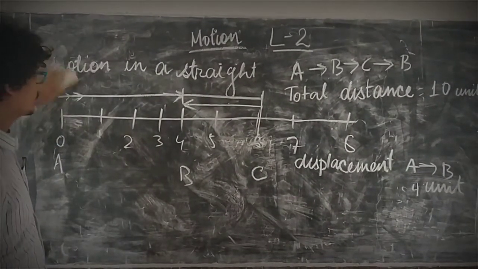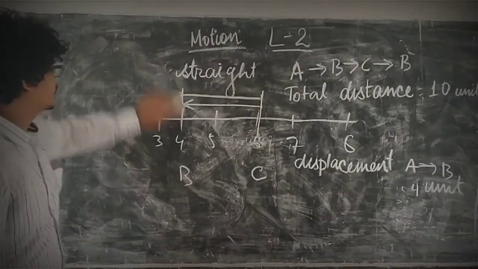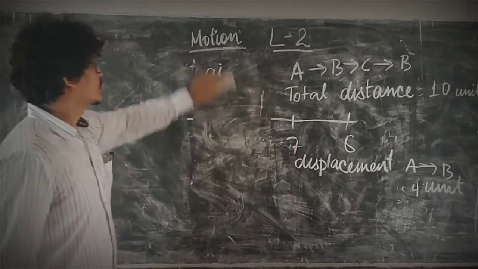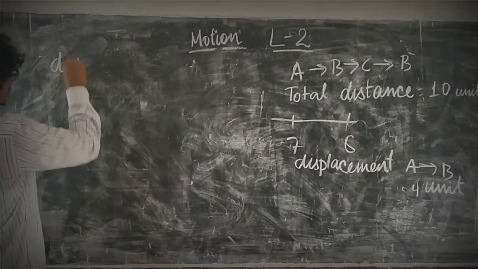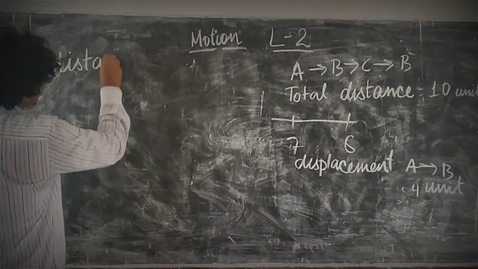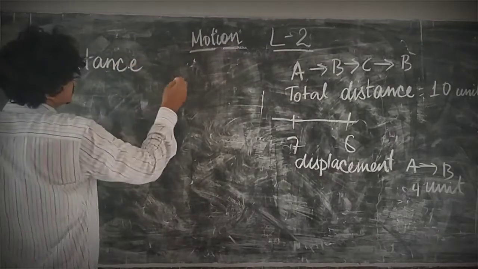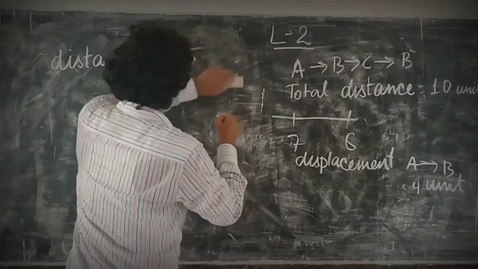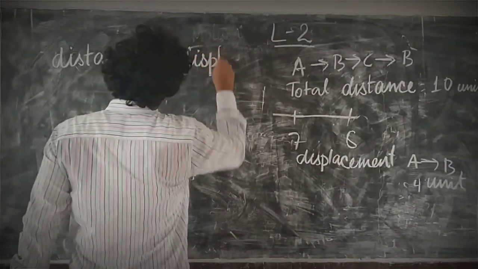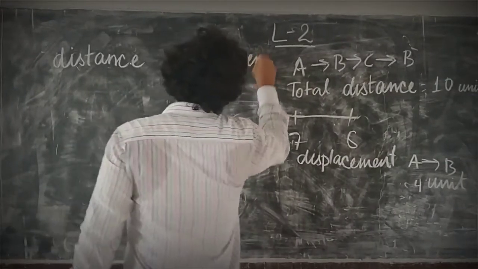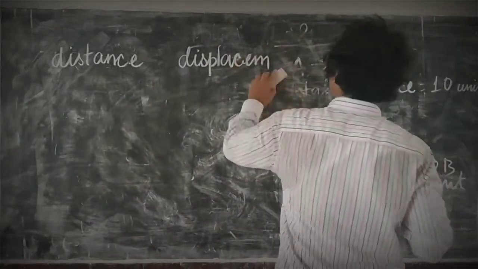Now why so? Why is the answer different, although the person is traveling the same path? What is the difference between displacement and distance?